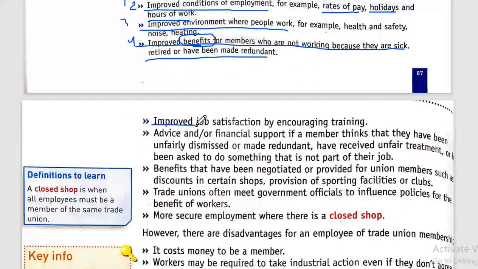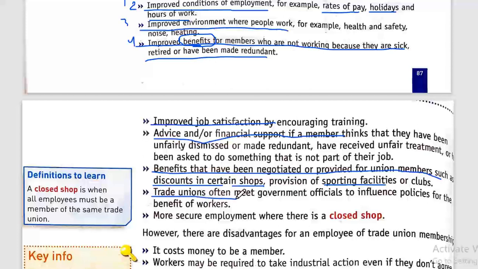Improved satisfaction. You can get advice or financial support if you are a member. You can get benefits that have been negotiated or provided for union members, such as discounts in certain types of shops, and support facilities. Sometimes if you are in a well-known trade union, you can get discounts in certain shops.